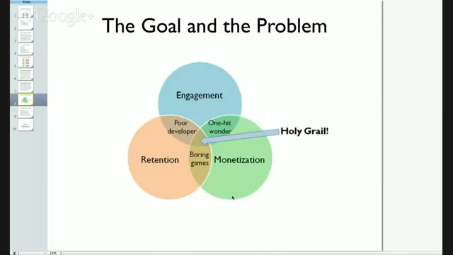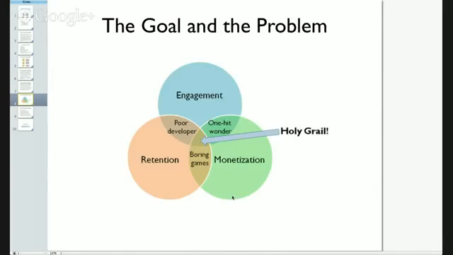You can have engagement and retention. It's a really fun game, people are engaged, but you're not getting any money. So it's the poor developers, as they say here. I would say it's a game that's going to fail because, yeah, it's really fun, but there's no money, right? All the developers are really happy, you've got a great community, but the game fails because nobody makes any money, and so the game has to shut down.